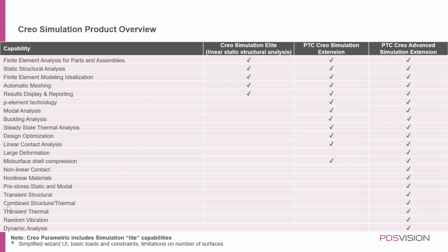Oh, actually, nope. Looks like I was wrong. Combined structural thermal is actually the far right tier. Sorry about that. So to do the thermal analysis, you need the middle tier, but to do combined structural and thermal, you would actually need the highest tier, the advanced simulation. My bad. I didn't realize that was a separate thing.